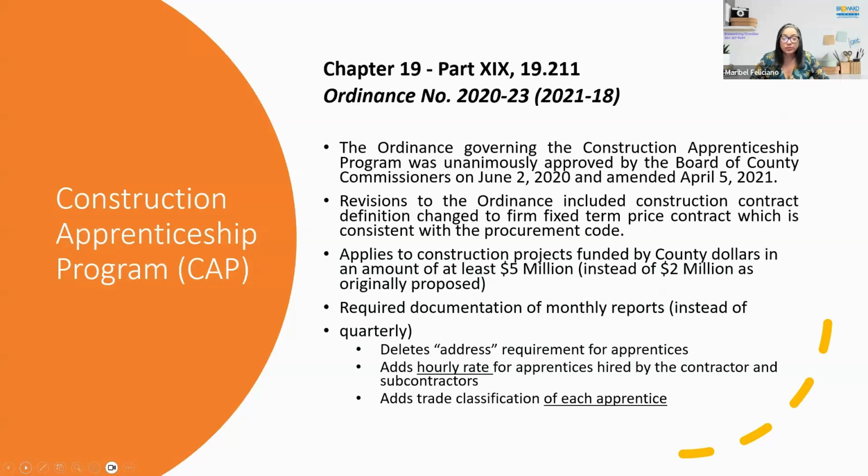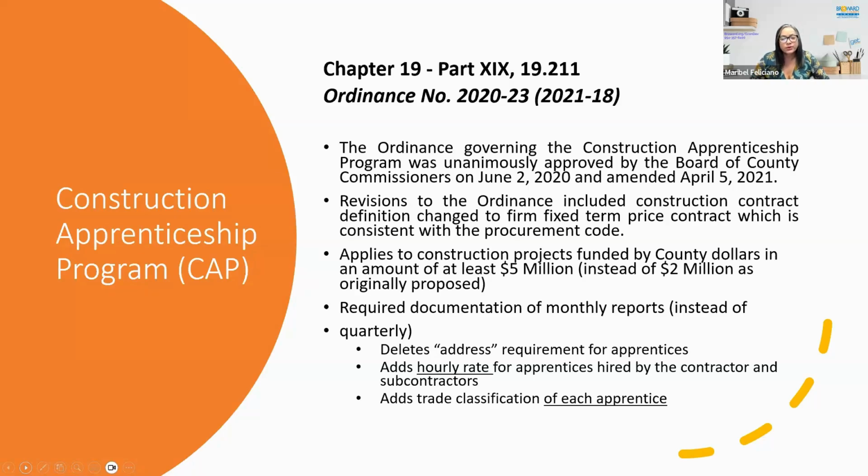This is the Construction Apprenticeship Program, or CAP for short. This ordinance was first approved by the County Commission back in 2020. However, we did some amendments in 2021, so the program was effective in 2021. We have been reviewing projects for eligibility since 2021.